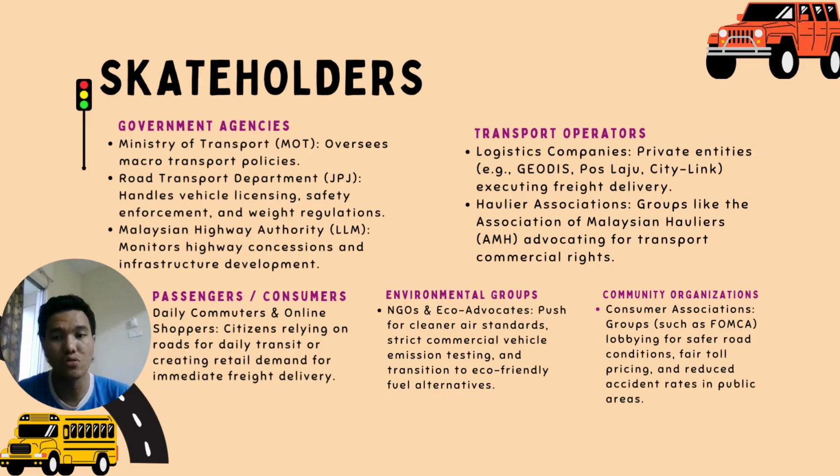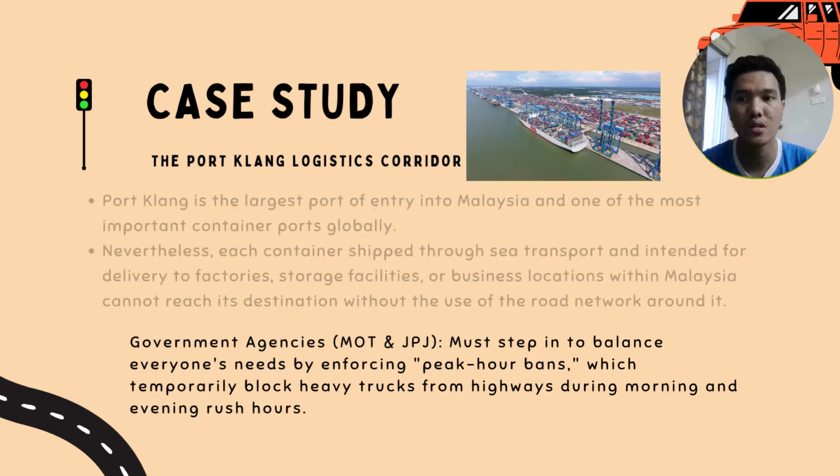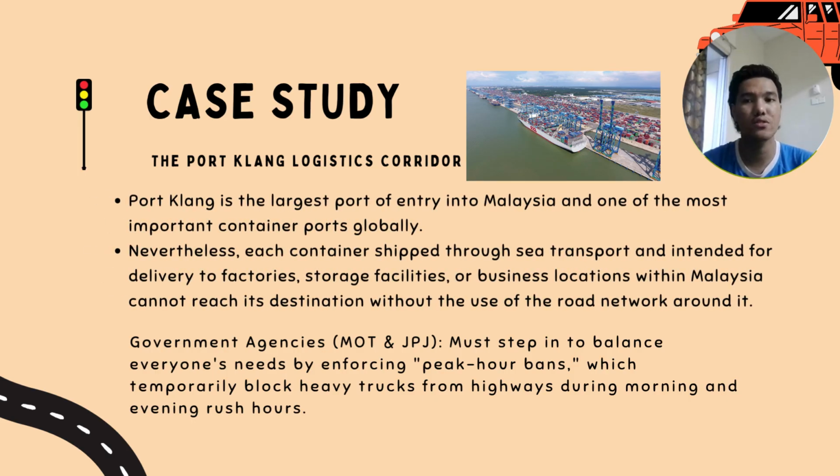We must also consider the passengers and consumers, the everyday citizens and online shoppers driving demand. Community organizations like FOMCA lobby for fair toll rates and safer roads, while environmental groups advocate for stricter vehicle emissions and eco-friendly fuels.